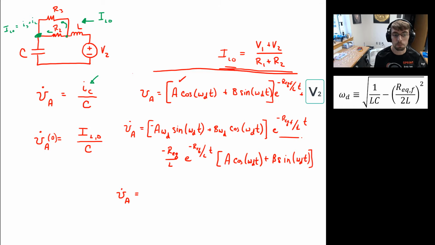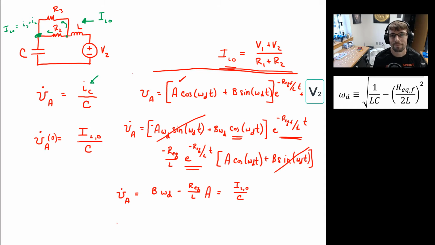These e's become 1, the sines disappear, and what we end up with is that B omega_d, cosine equals 1, so that's this term, and then we have minus R_eq over L times A, which had better darn well be equal to I_L0 over C. Now, of course, you usually have numbers.